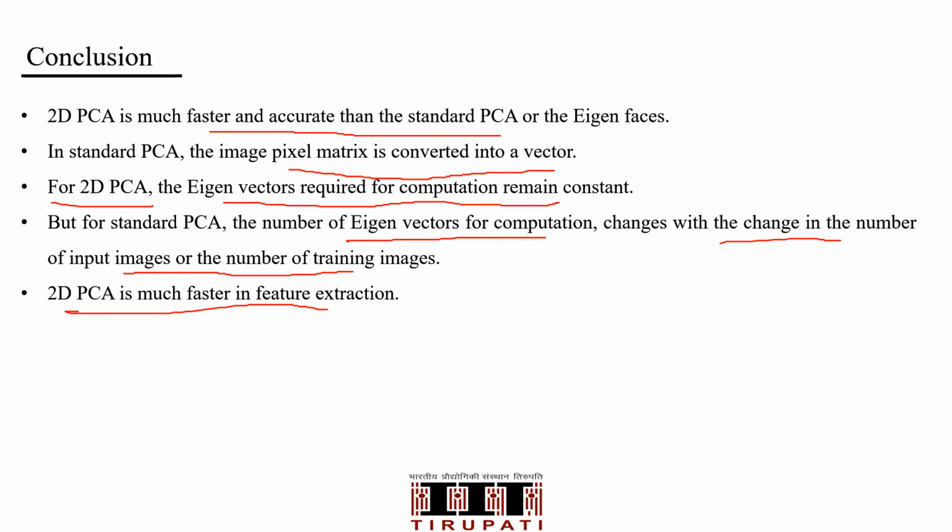Here for 2D PCA, to compute the covariance, we are using either row operations or column operations.